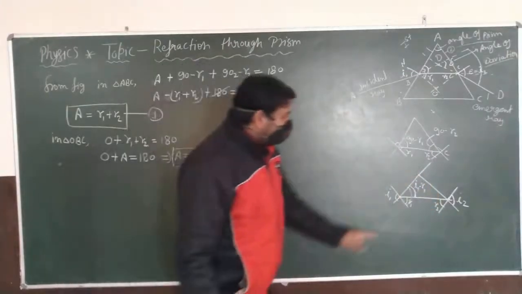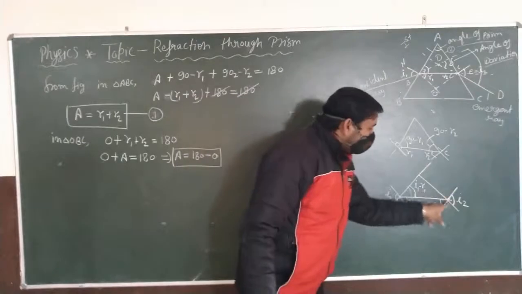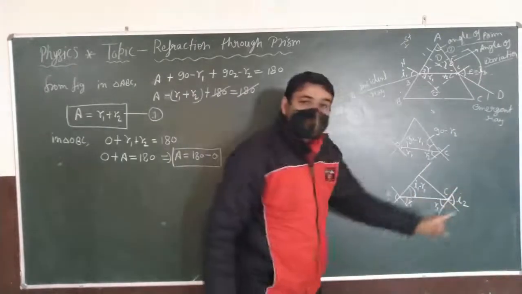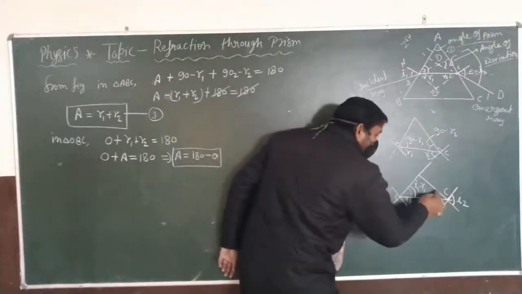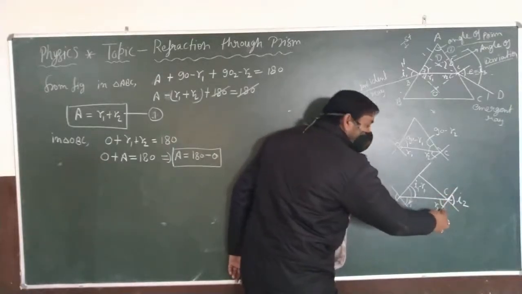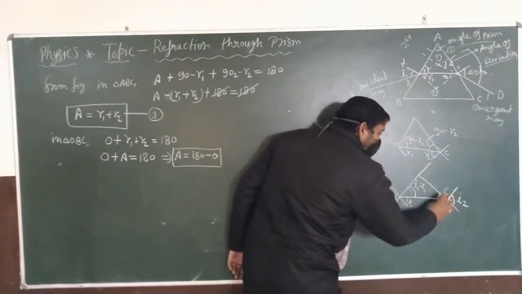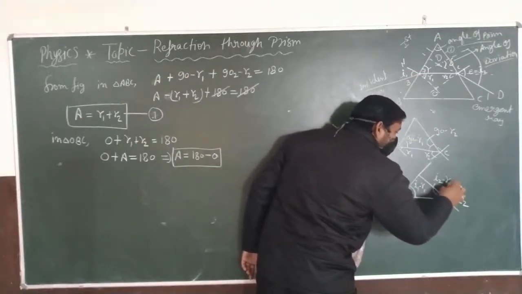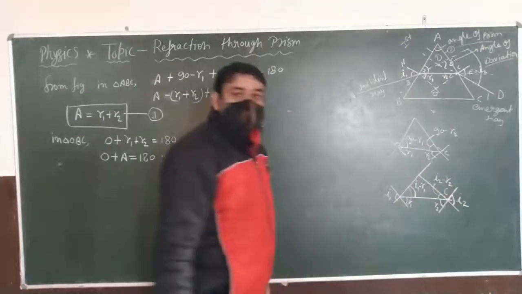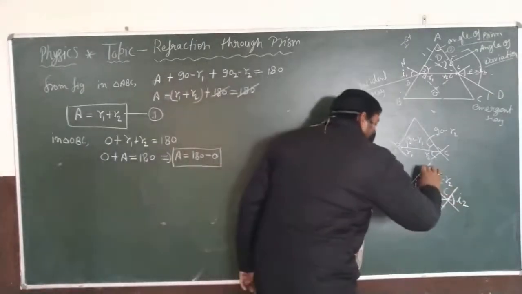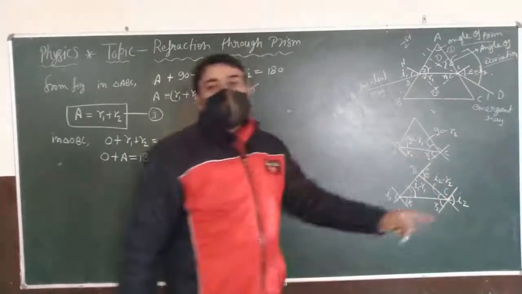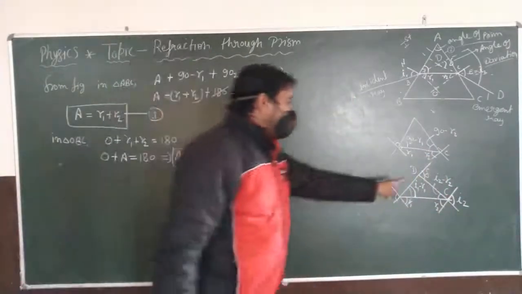Clear? Similarly, these are two straight lines intersecting at C. Therefore, this total angle is I2 and this angle is I2 minus R2. Is it clear? And this is point D where the angle delta is formed, which is the angle of deviation.